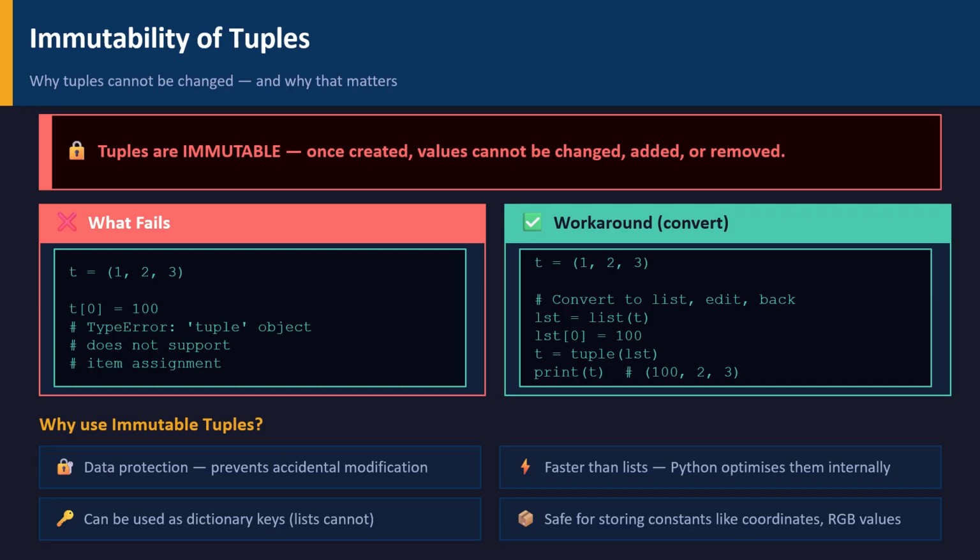Third, tuples can be used as dictionary keys, which lists cannot. And fourth, they are safe for storing constants like coordinates and RGB values. So immutability is not a limitation. It is actually a powerful feature that makes tuples reliable and more efficient when compared to other data types.